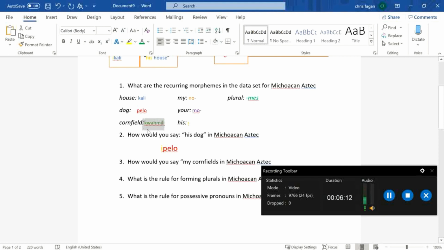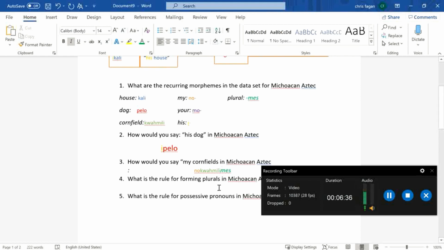Again, take the root, and then I take the prefix, and then I take the plural. And it looks like I say no quamili mes to mean my cornfields in Michoacan Aztec, based on my analysis.